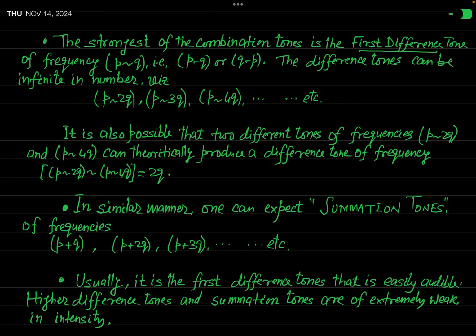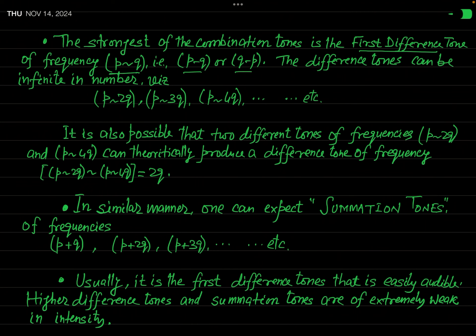When you say first difference, that means you will get a tone with a frequency which is actually equal to the difference of the individual frequencies. As you have considered, P and Q are the frequencies of the two tones which are actually combined, so the difference of P and Q means either P minus Q or Q minus P.